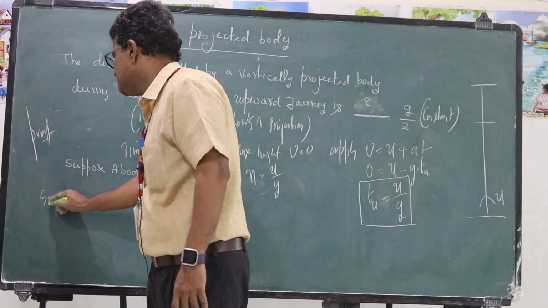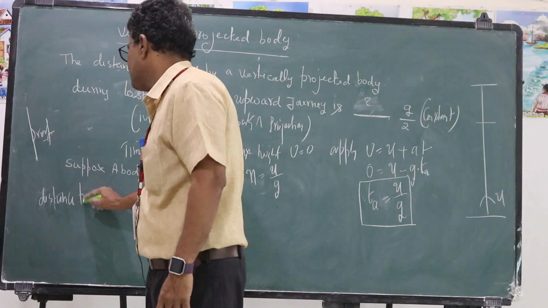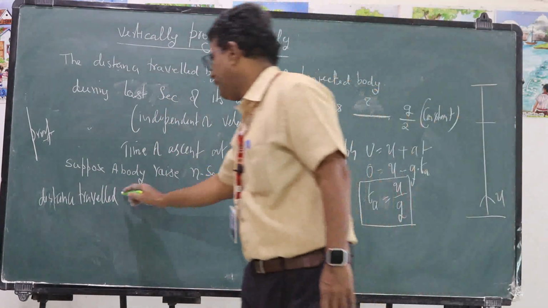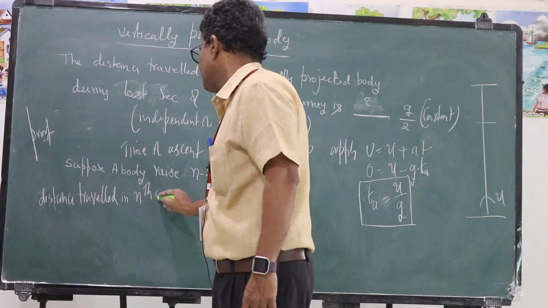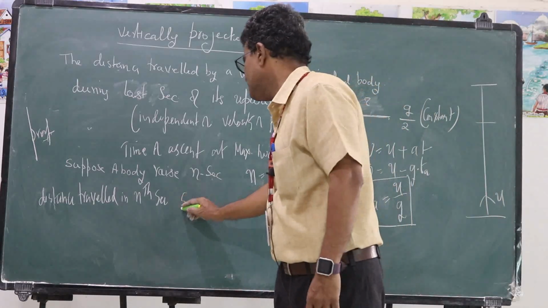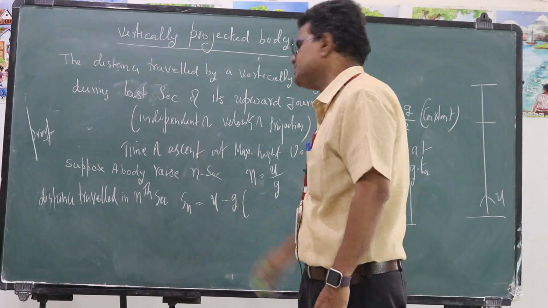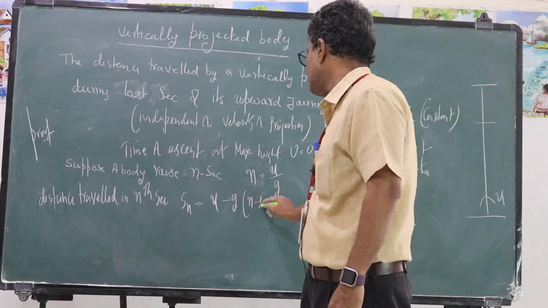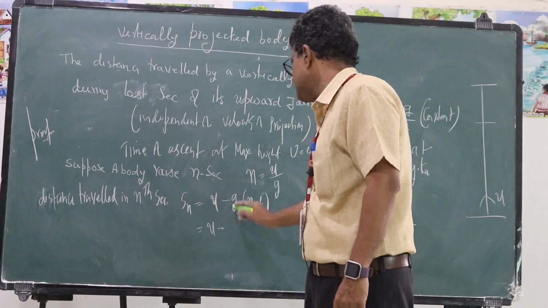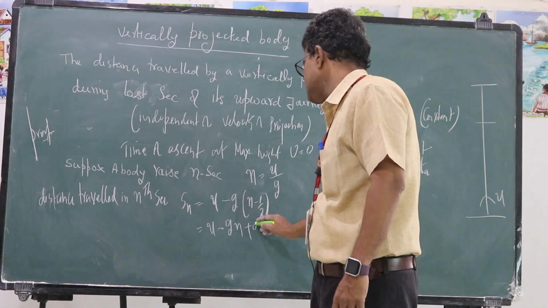Then what is the distance traveled in nth second? I am applying the Sn formula. Sn is equal to u, since it is rising up, acceleration becomes minus g, times n minus half. So that is u minus gn plus g by 2.